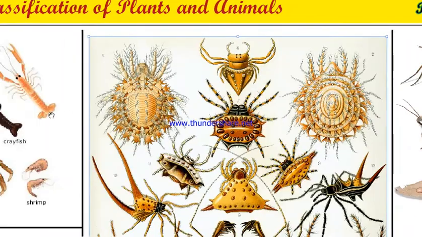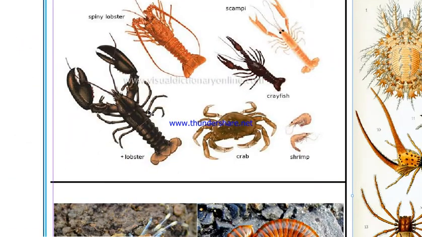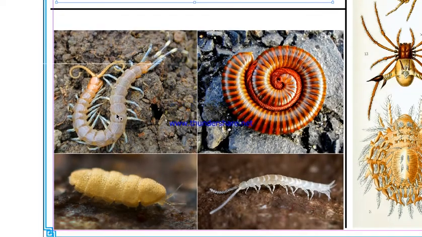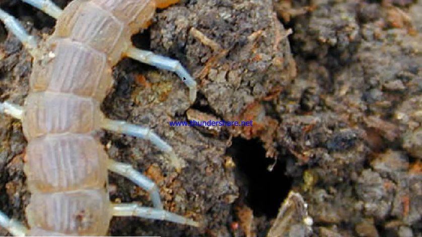Whatever insect you see, and these lobsters, look at their legs, they also have jointed legs. And then the centipede: in centipede also you can see their legs are made up of several small pieces.